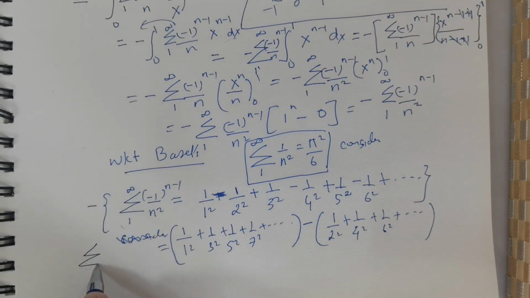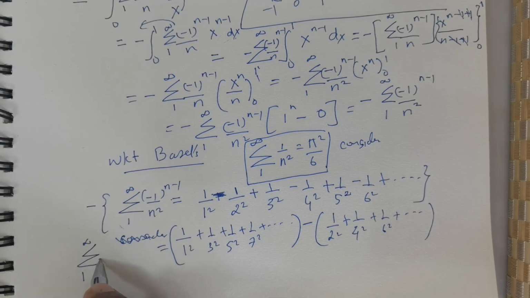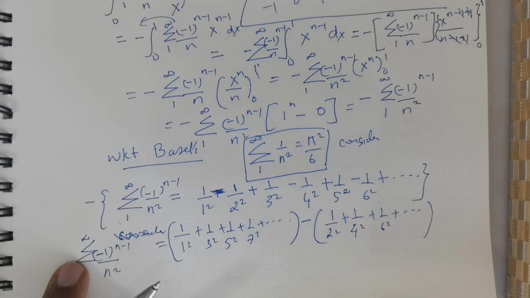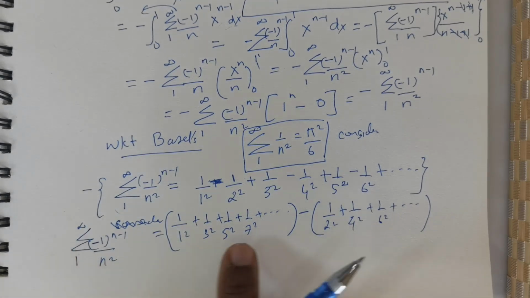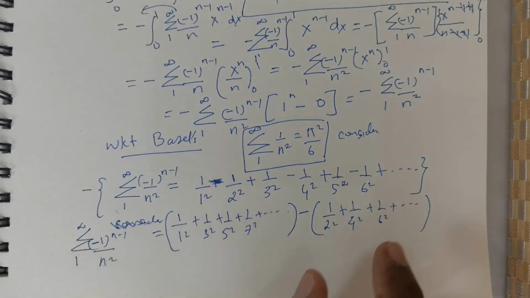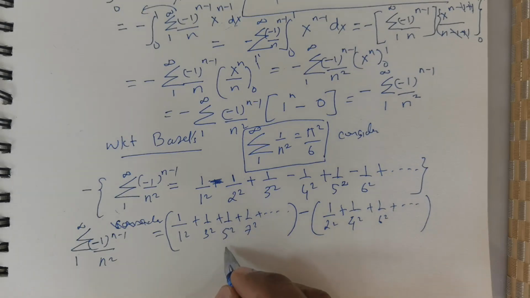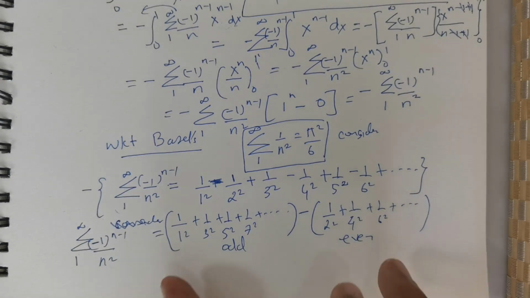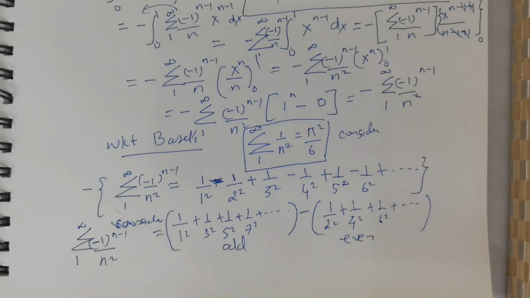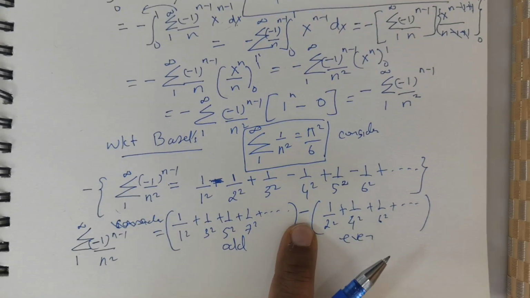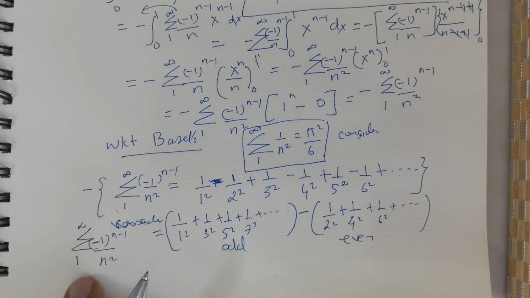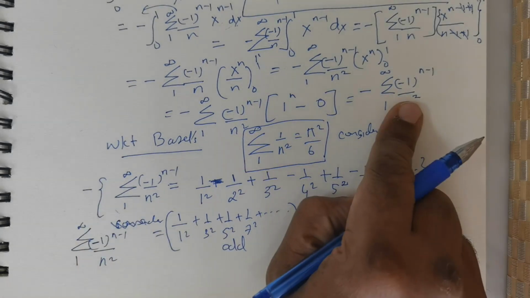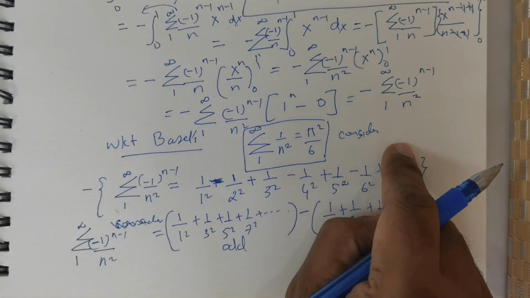This is equal to sigma 1 to infinity of (-1)^(n-1) divided by n squared. I am not placing the minus sign as yet. I will evaluate the odd terms and I will evaluate the even terms. Then I will perform the subtraction, and then I will take the value. Then I will use this value over here, and that would be the solution.